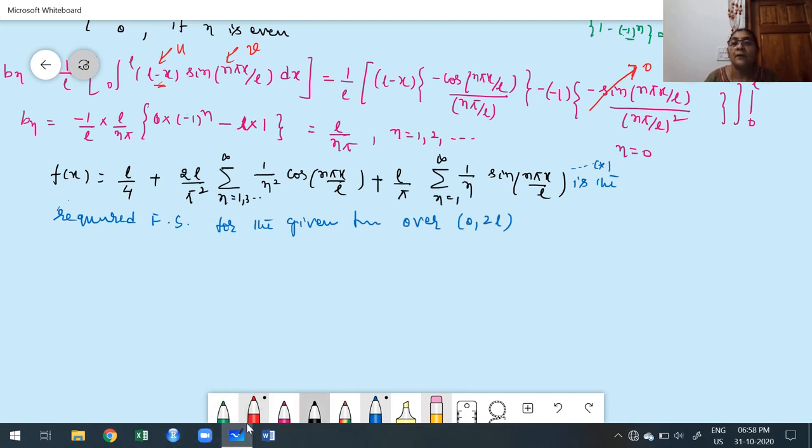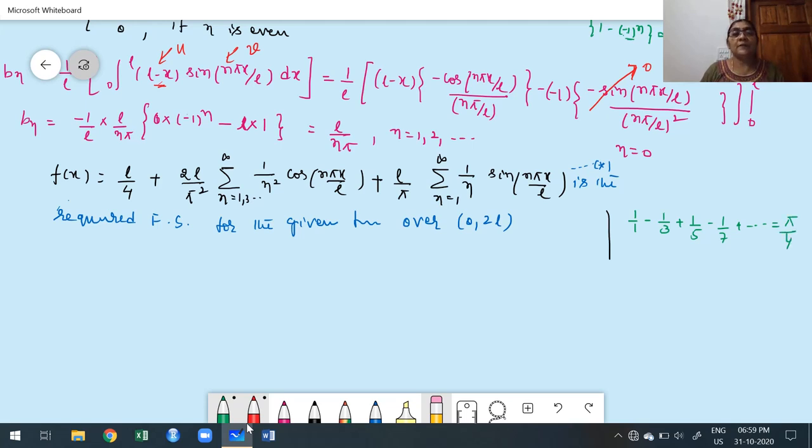The deduce part is 1 by 1 minus 1 by 3 plus 1 by 5 minus 1 by 7 plus etc. equals pi by 4.